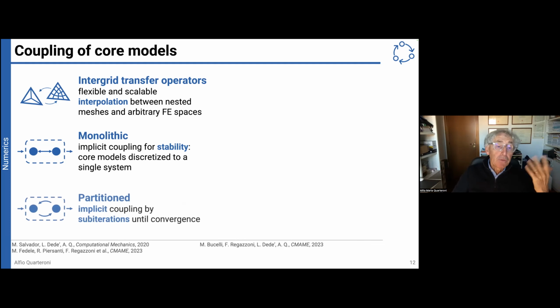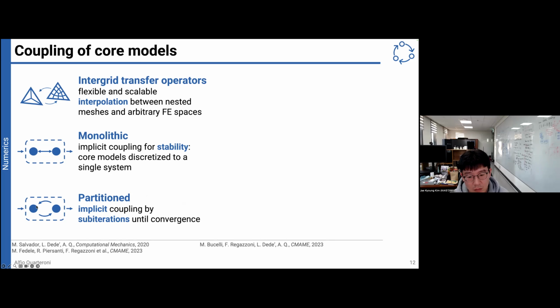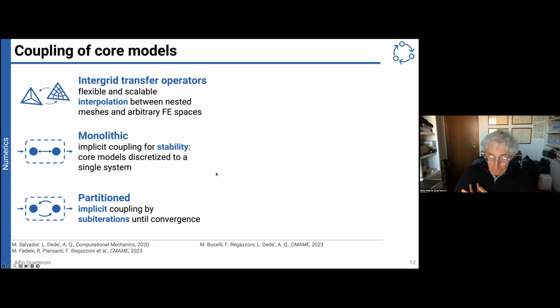So what you typically do is to separate the different pieces, which means the different physical components. And you can do it in many different ways. One way is to use what is called a partitioned approach. You subiterate between the different physics for any given time step until convergence. This is one possibility.